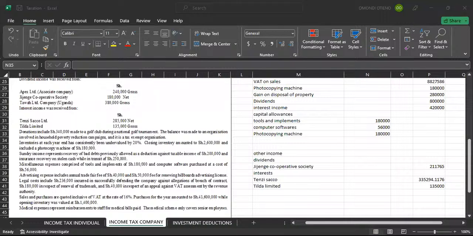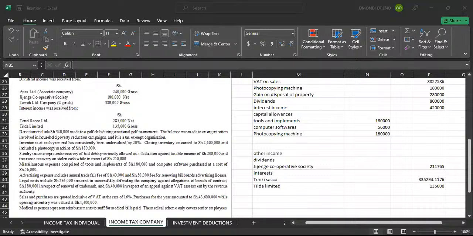So what are we going to have? We have softwares, we have tools and implements. Computer software, 20%. Somebody is saying 20%. Really?